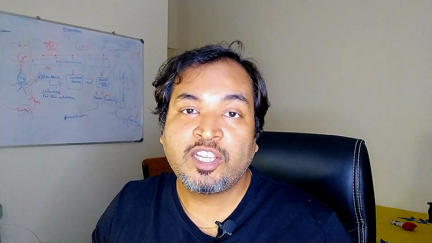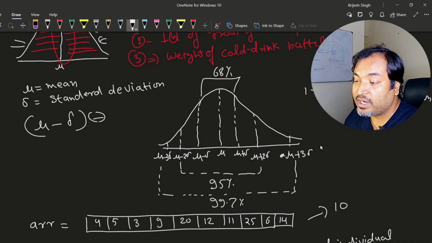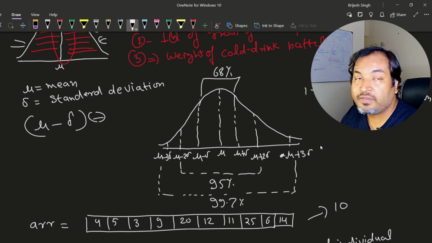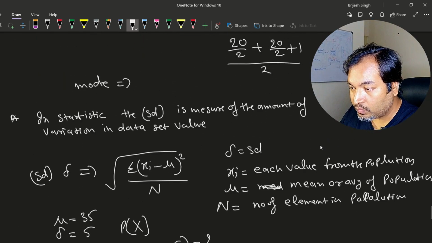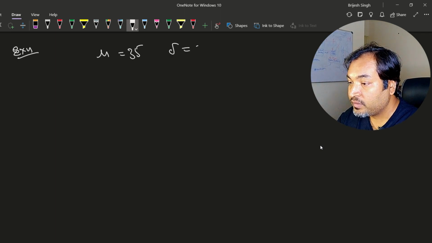Now so far we understand what the normal distribution is. Now it's time to understand what the standard normal distribution is, which is also called the z-score, right? In general, we are interested in finding how many standard deviations from the mean our random variable x is, whether it's mu minus sigma or mu plus sigma. Take the same example: mu equal to 35, standard deviation is 5.